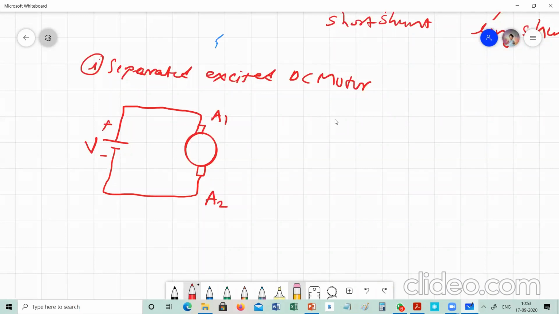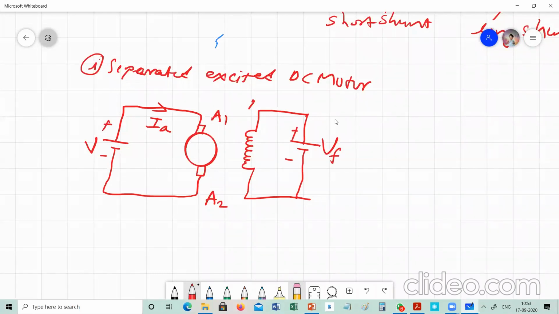I will use symbols as given in the book of GK Dubey. The armature current is IA, and the field is supplied with an independent source, denoted by VF, and the field winding terminals are F1, F2. This is the separately excited DC motor.